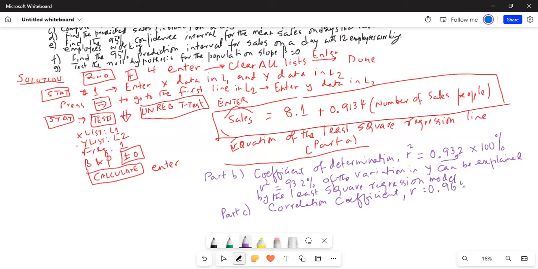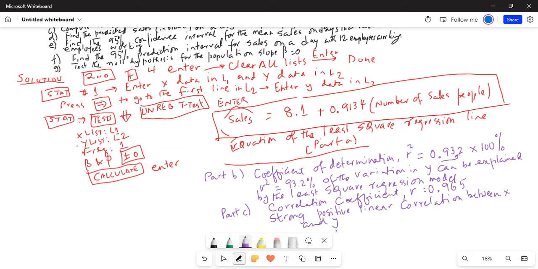What does it mean? Strong, why strong? Because it's close to 1. Positive, why positive? Because the sign is positive. Strong, positive, linear, co means together, relation between X and Y.